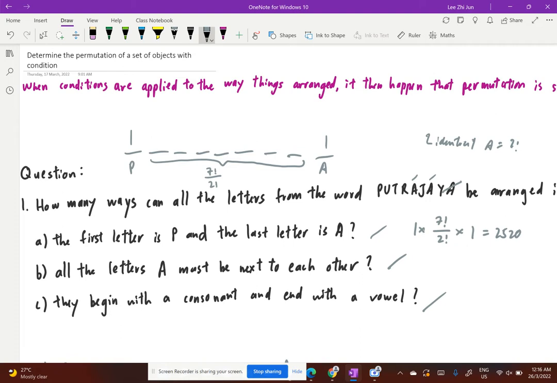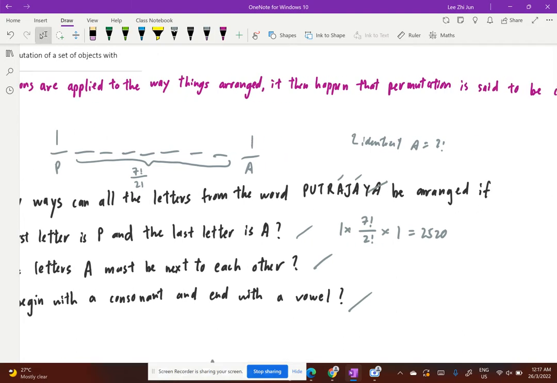Next, all the letters A must be next to each other. So the 3 A's must be together. If I take all the A's, I have 6 more letters left.